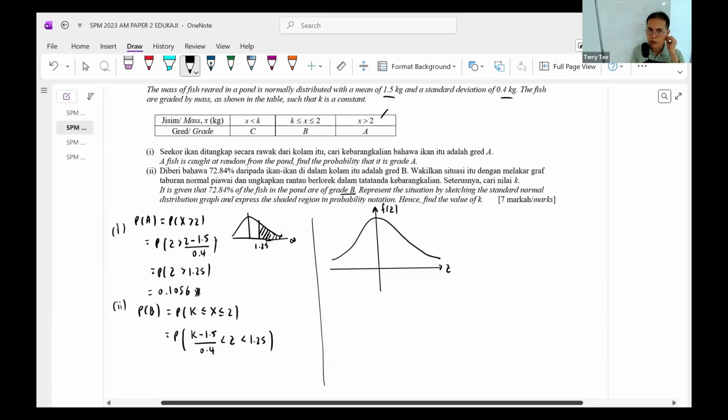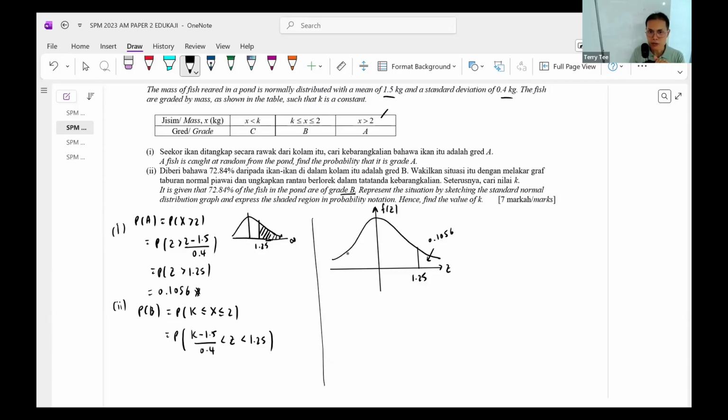So you see, we know that 1.25 when you standardize maybe around here. Actually it's a bit smaller. Why do I say smaller? Because your area is 10% only. 10% is very small. This is 1.25. This area is 0.1056, which I got from Roman 1.